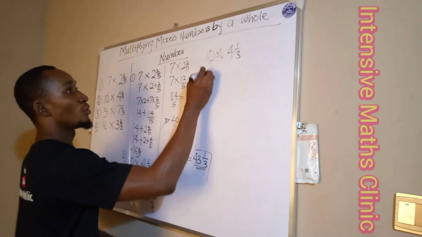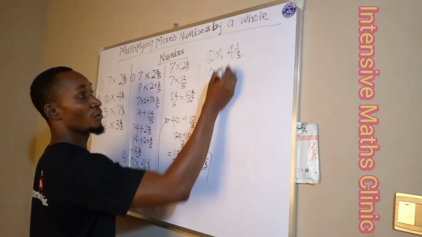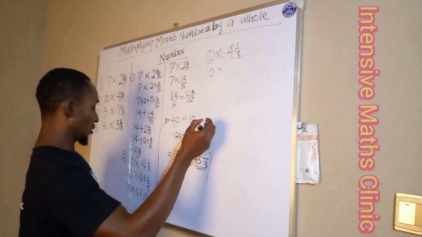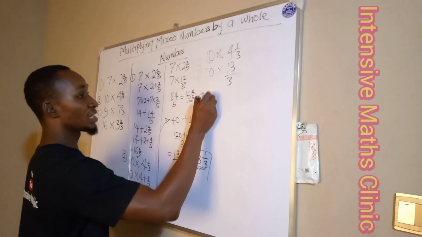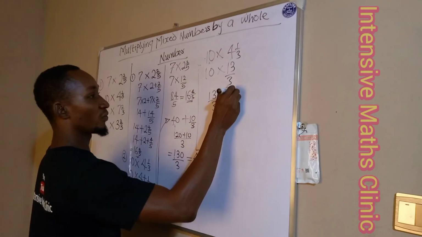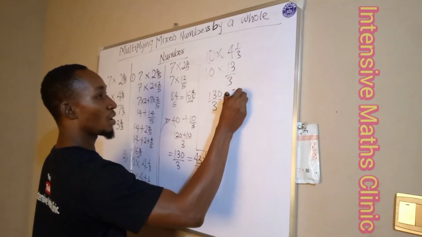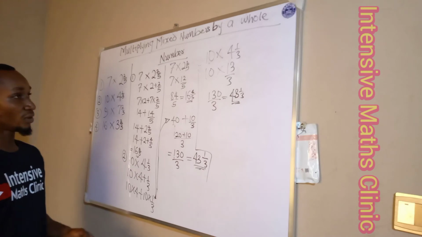This is 10, a whole number. We change the mixed number to an improper fraction: 4 times 3 is 12, plus 1, 13. So 13 over 3. This times this is 130. 130 divided by 3 is 43 times, remainder 1 over 3. So we have the same solution. It's very easy for us to approach.